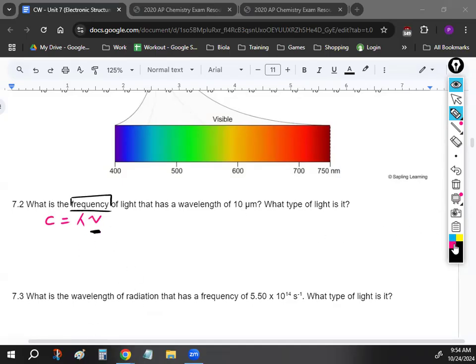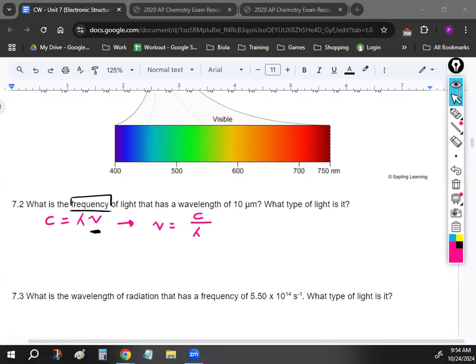You can rearrange this equation to isolate nu by dividing both sides by the wavelength. So nu, the frequency, is equal to c divided by the wavelength. If you're the type to just plug it in and solve, that's totally fine as well. I personally like to do it this way, but you can do it however you like.